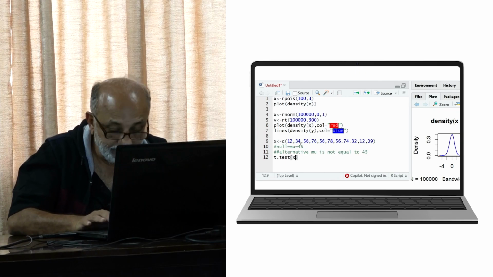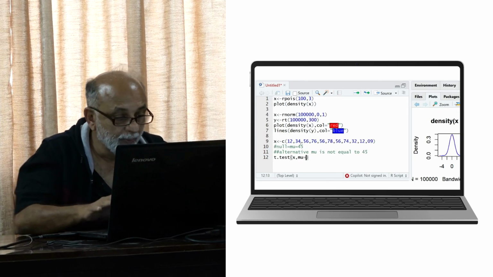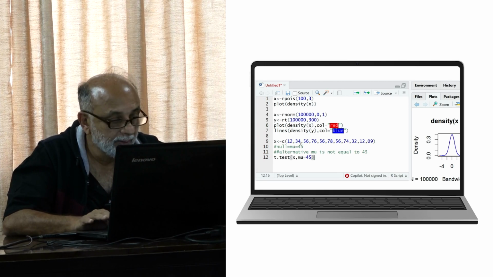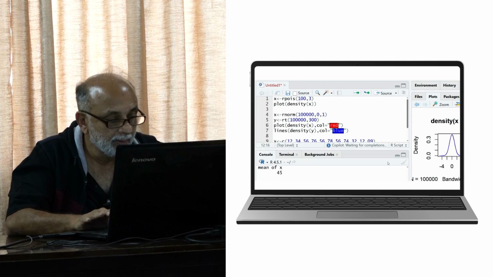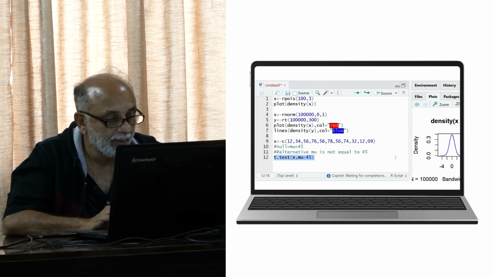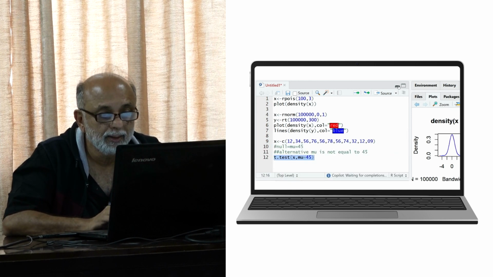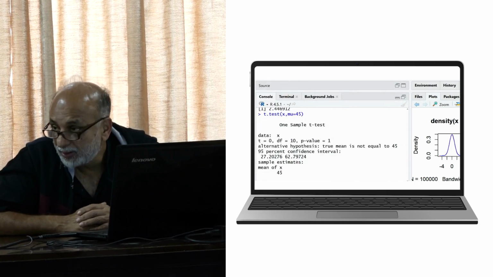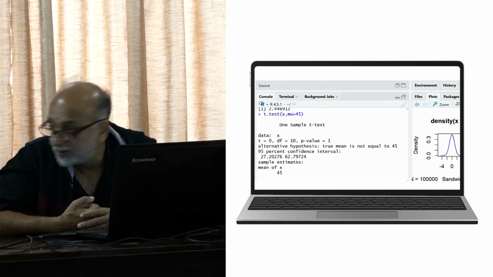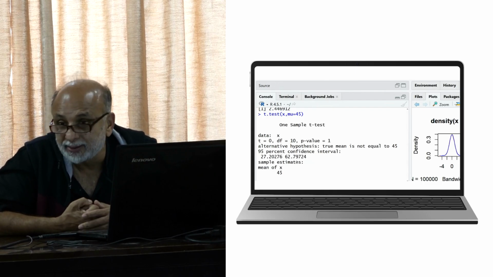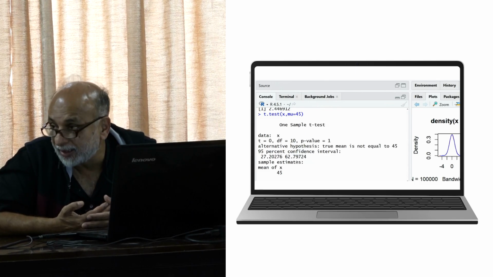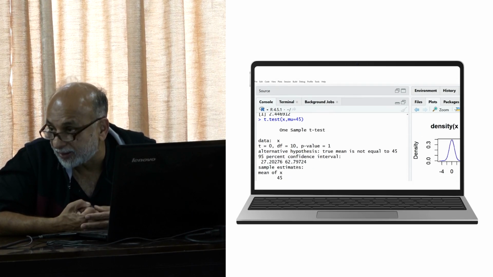Then all that you have to do is go here and say mu is equal to 45. Why is the t-test 0 now? Because sample and population means are equal, right? P value is 1 because if you reject that null hypothesis, the sample and population are the same. So if you reject the null hypothesis, you will go wrong 100% of the times.